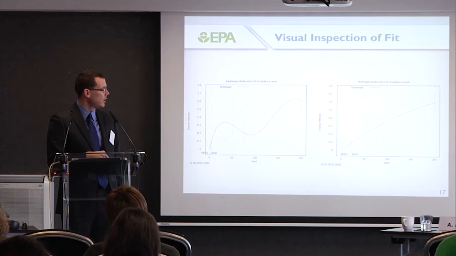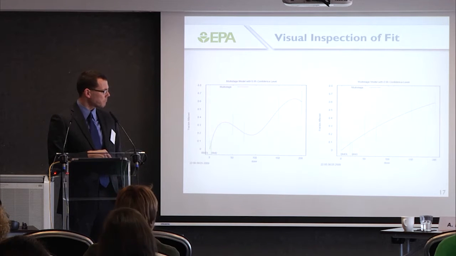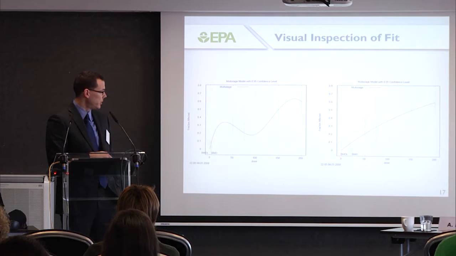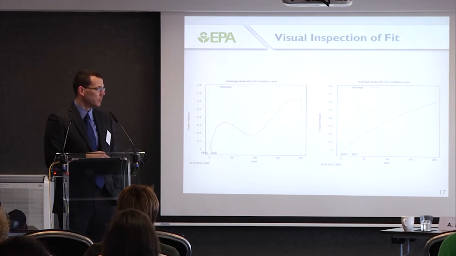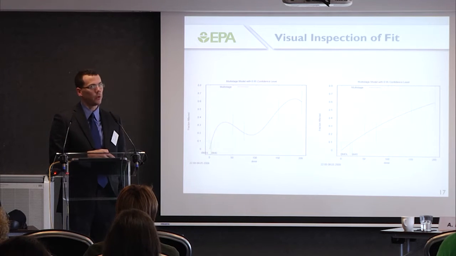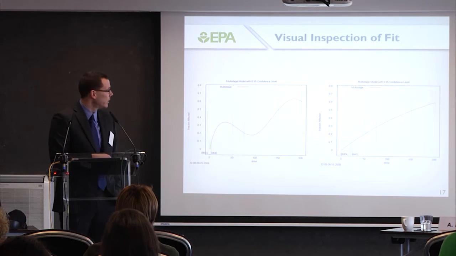So statistically, this model fits the data and would be the model that you should use, not this one. So visual inspection of the plot is important as just a final check to make sure that there's nothing too crazy going on in how you modeled the data.